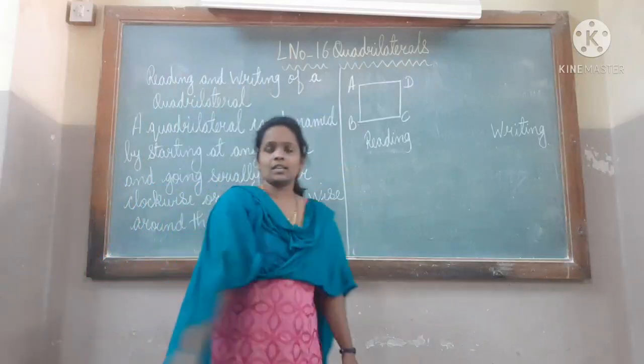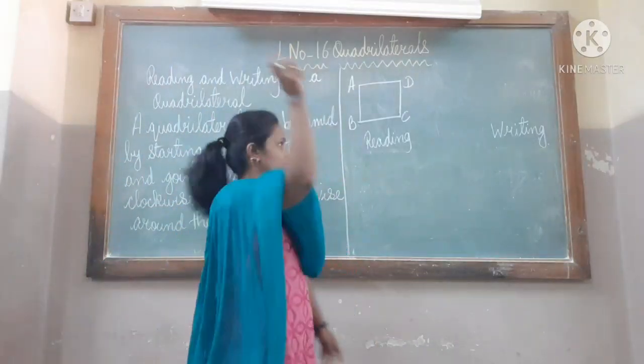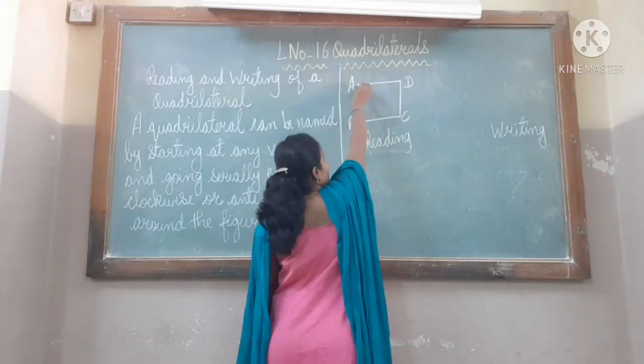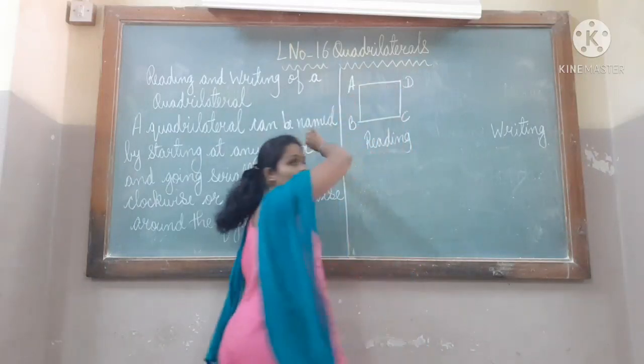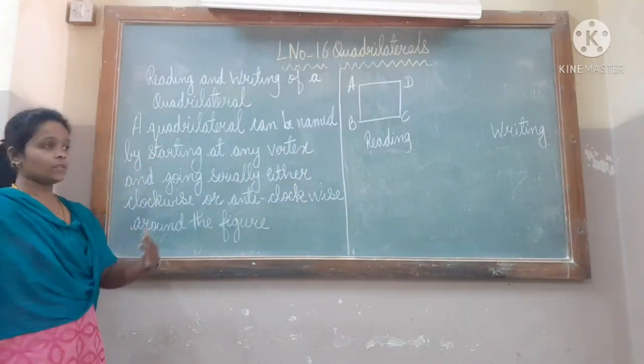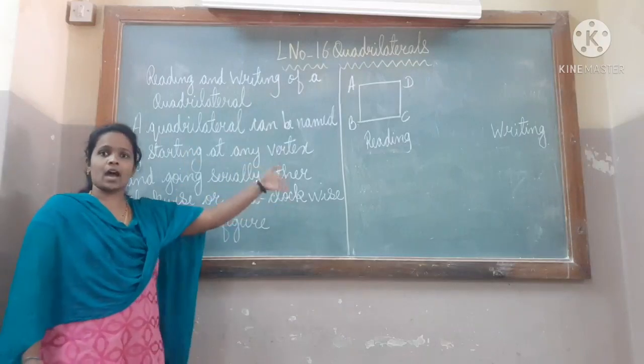Clockwise means like this and anti-clockwise means this way. So, suppose if you start writing from this side, this is clockwise. Anti-clockwise means starting writing from this side. Clear? So now we are going to see how to read it and how to write it.